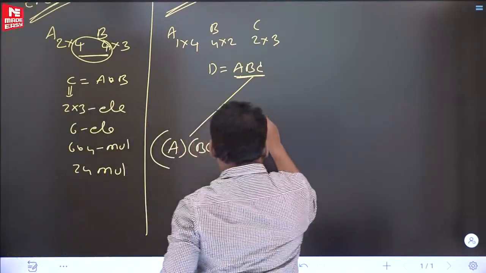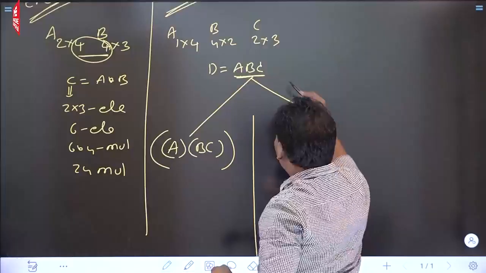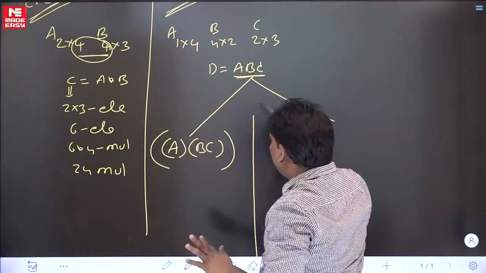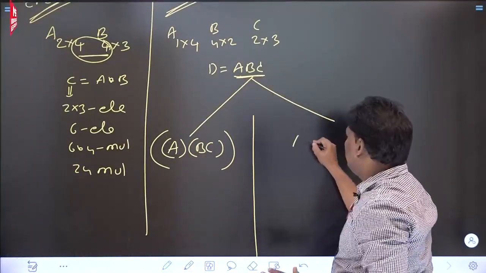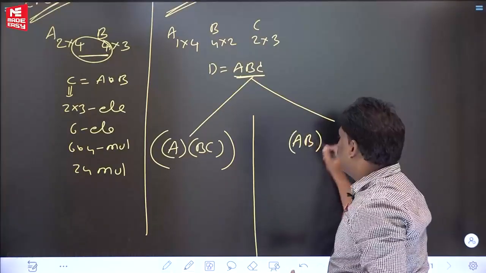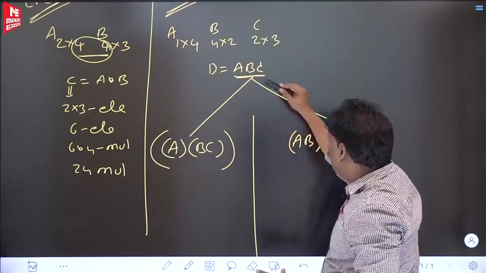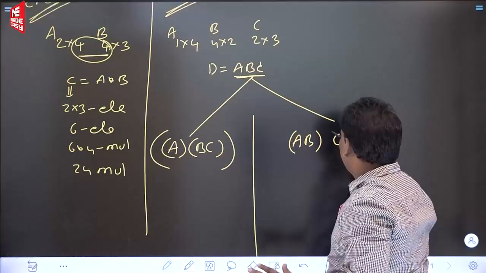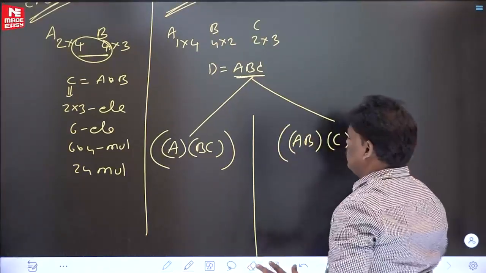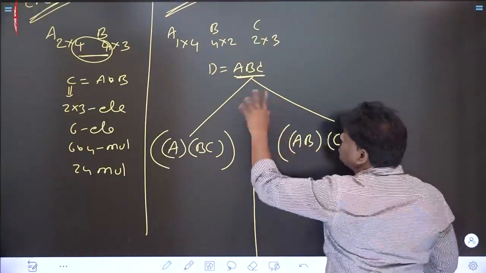One more way. First you took only A remaining, next slowly increase: now AB, and C alone. Do you identify? Association is changing.